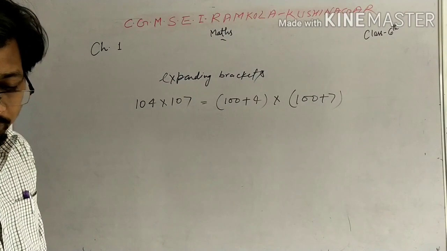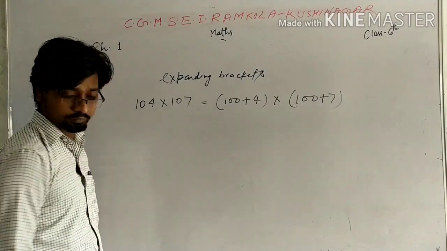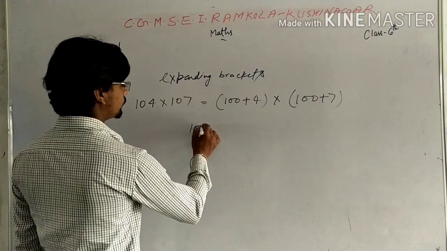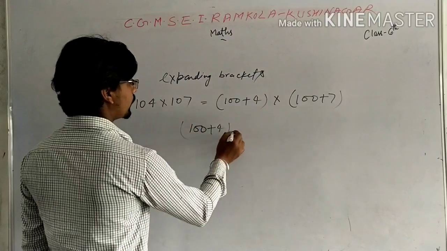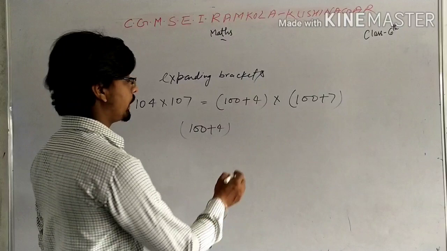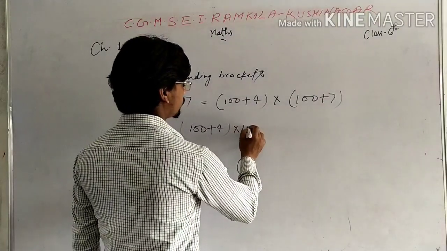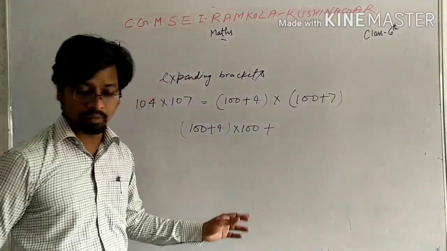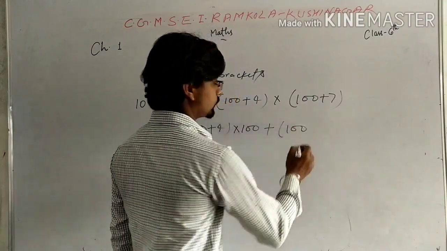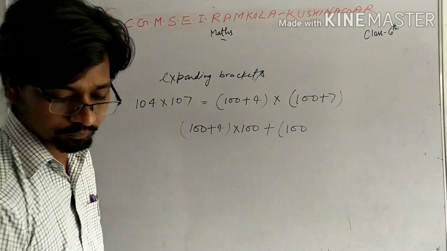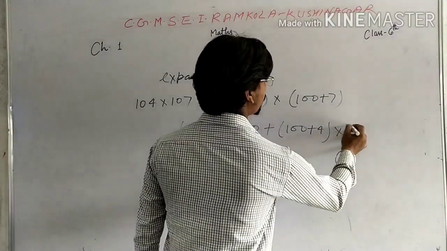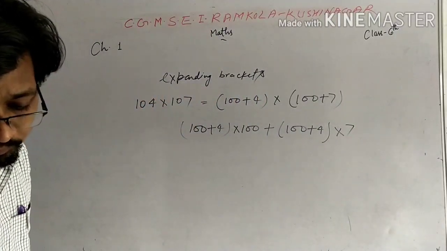Now what do we do? 100 plus 4 in bracket, multiply by 100 plus, in the same way, 100 into 7 plus 4 into 7. Okay.